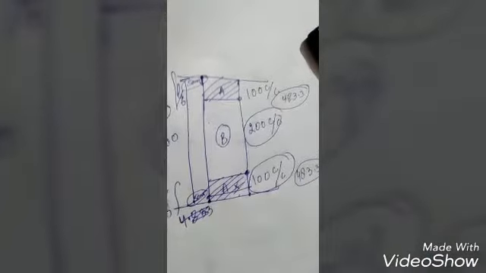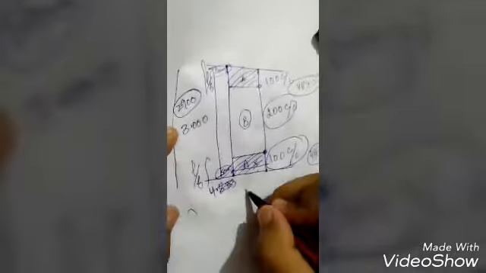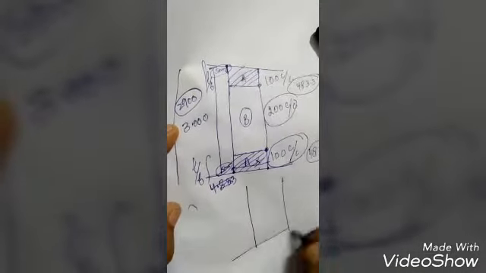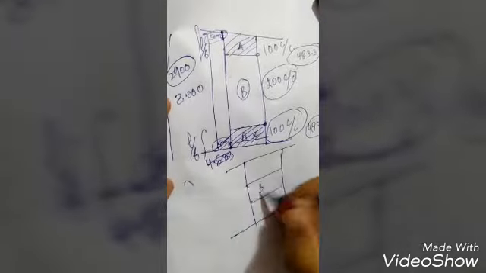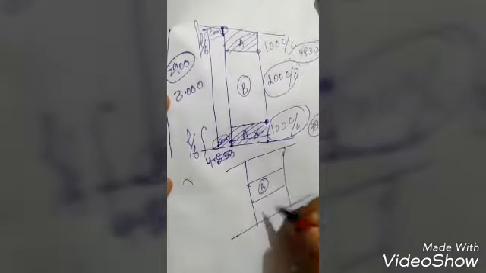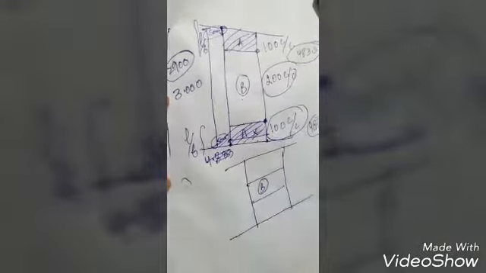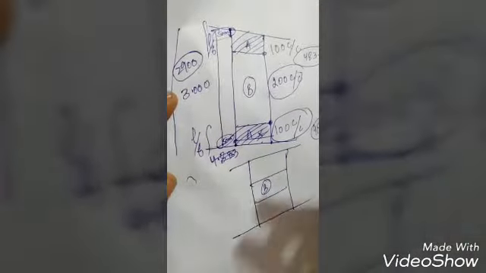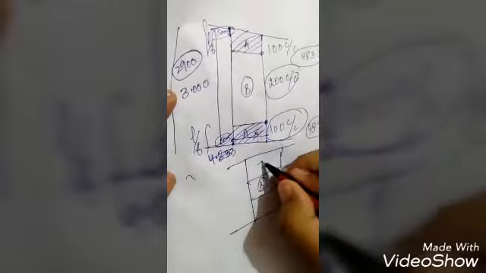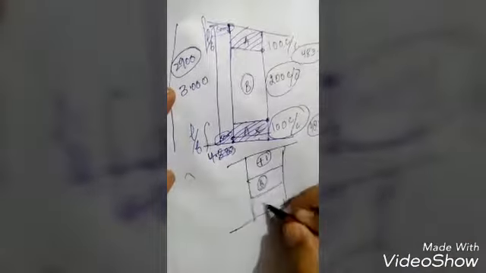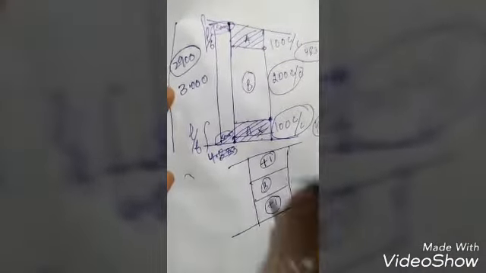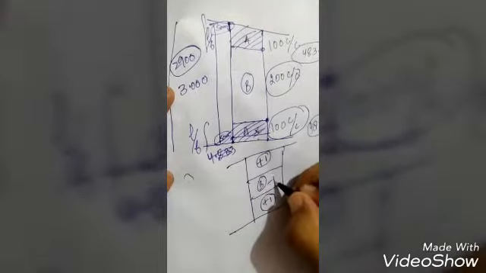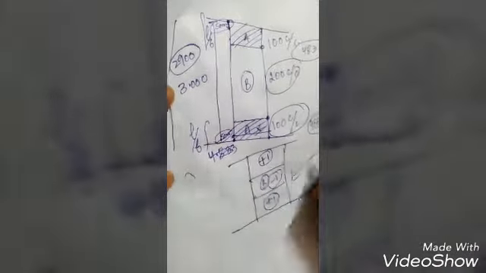One thing you should remember, the other thing which I should mention here: if this is my column, this is zone B, when we have to find the number of stirrups, we add one extra stirrup in zone A, and same here, we add one stirrup in zone A. What about B? We always subtract one stirrup in zone B. Okay, this is the thing you should remember.